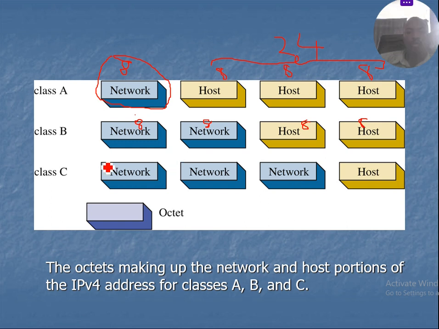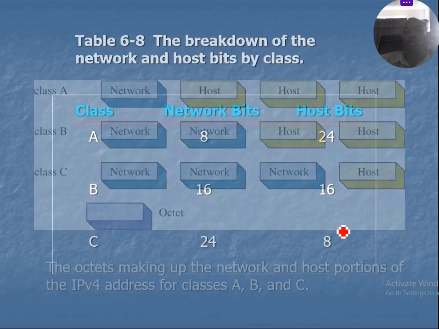So if you draw from here up to here, you have 24 for the network, and then you have 8 for host. Okay, that's the octet mapping for class A, class B, class C of the IP address.